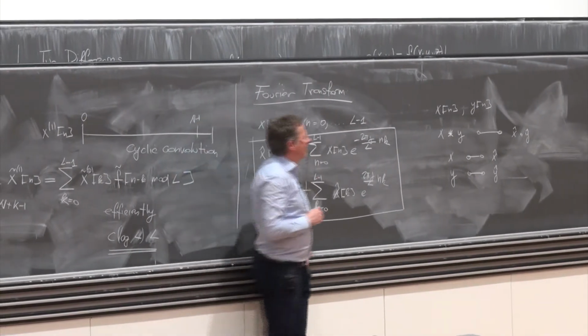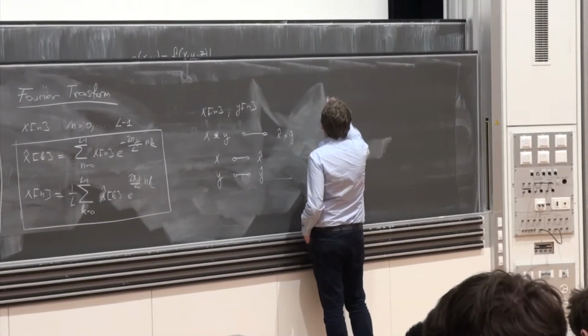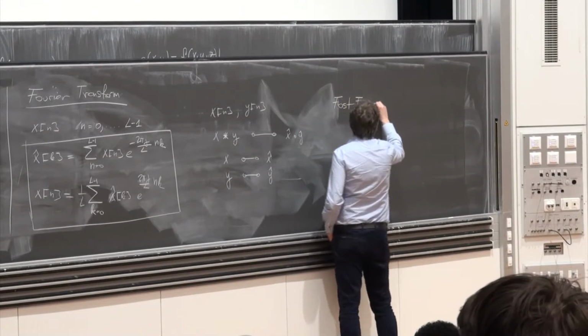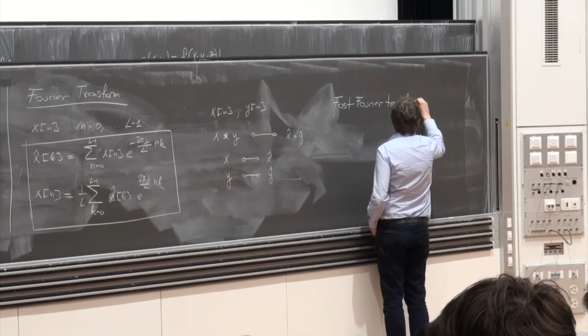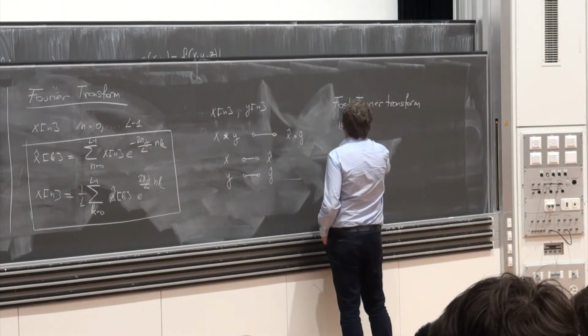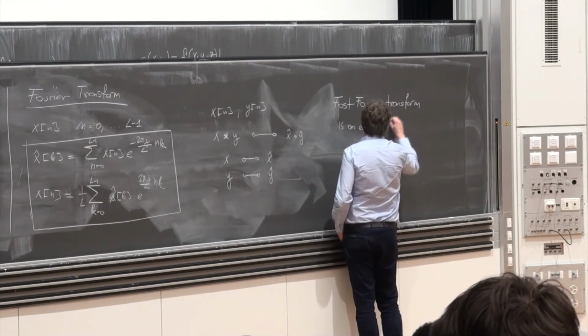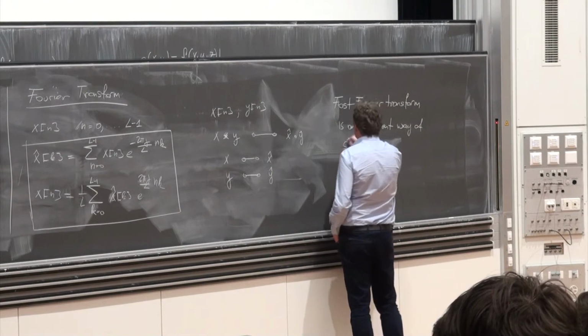And it turns out that you can compute the transform efficiently. So there's an efficient way: the fast Fourier transform is an efficient way of structuring this computation.